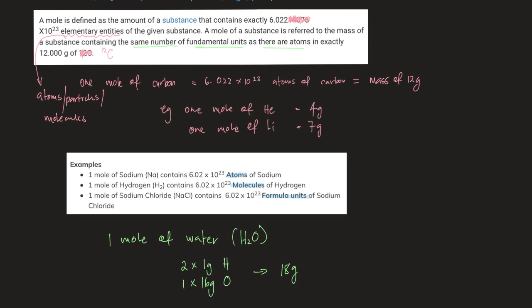I'll show you exactly what I just said now. If I look at hydrogen, hydrogen has a mass of 1 gram. In relation to carbon, there is 1/12 of carbon's mass.